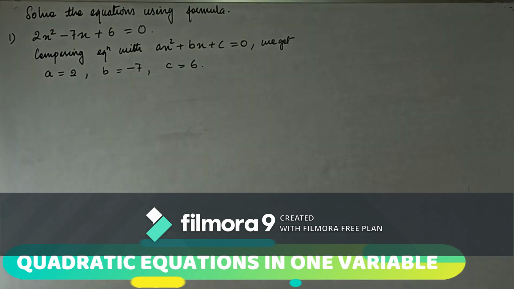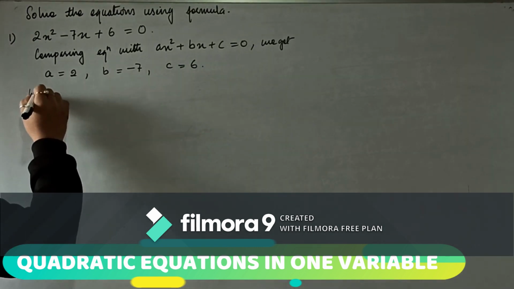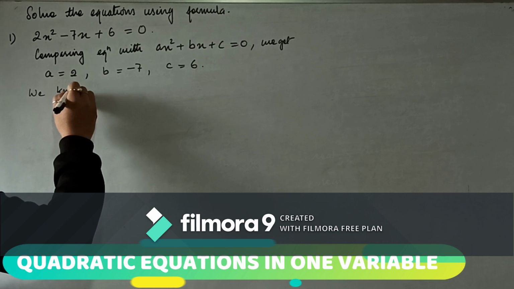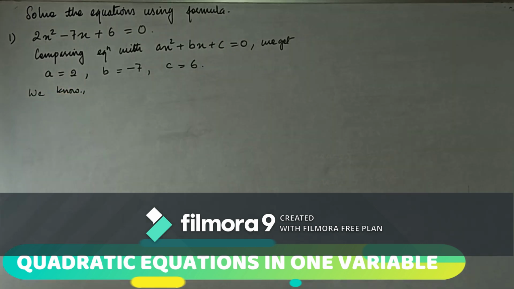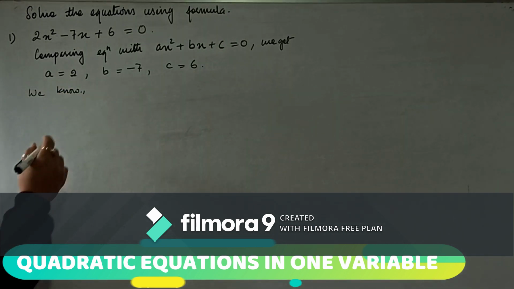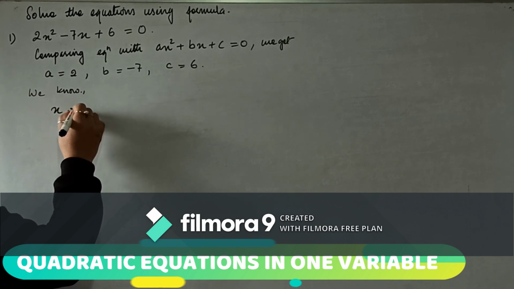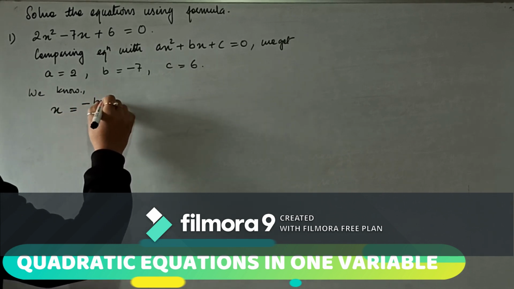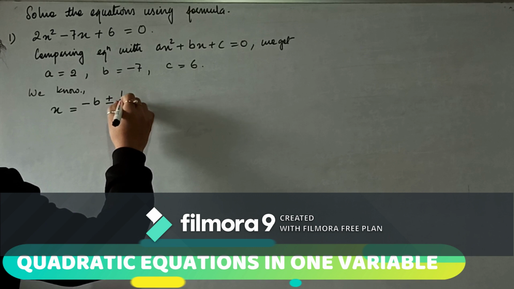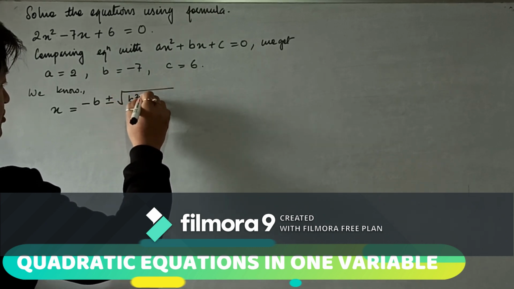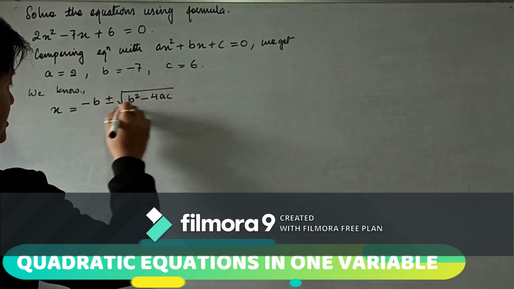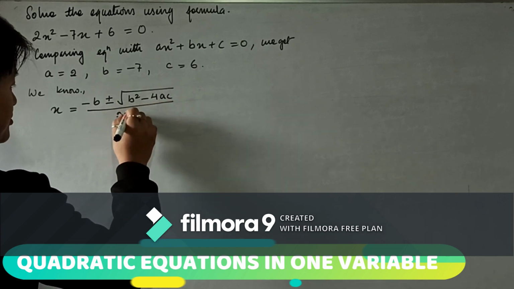Now we got it. We have to solve the equation, which means we have to find the roots of the quadratic equation. We know that x = (−b ± √(b² − 4ac)) / 2a.